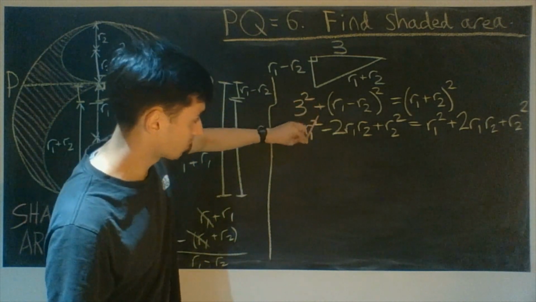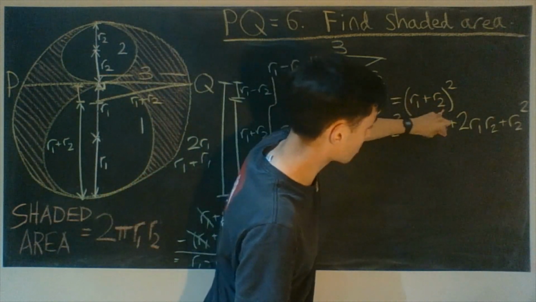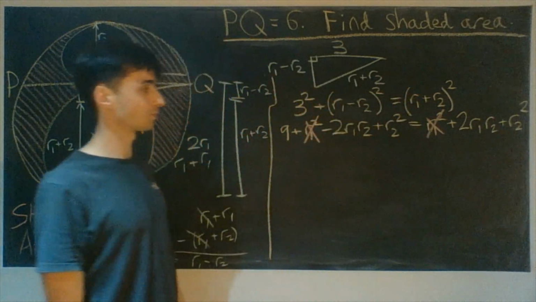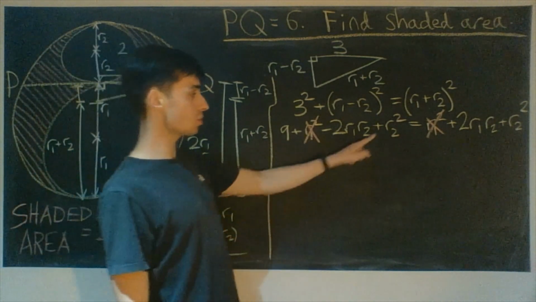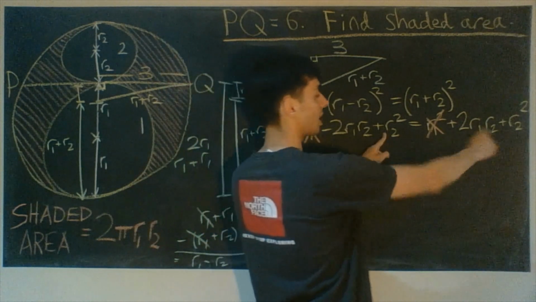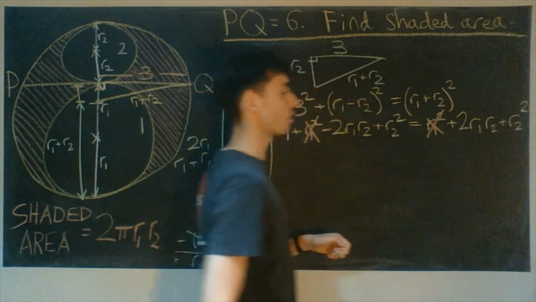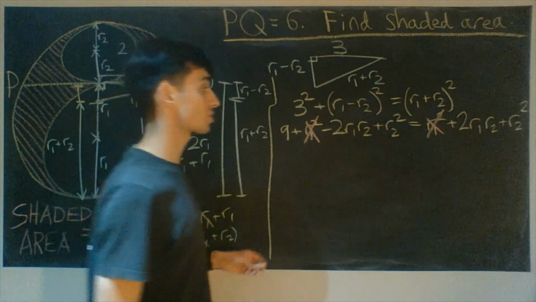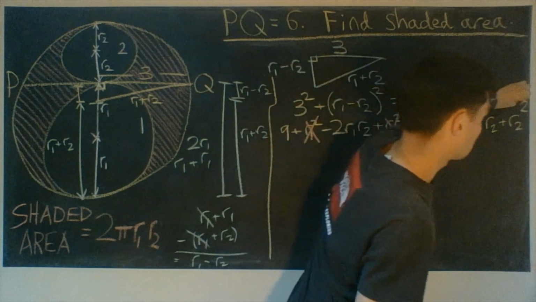So this one and this one are R1 squareds, they cancel out. We have a similar thing about to happen with the R2 squared, plus R2 squared on the left hand side of the equals, plus R2 squared on the right hand side of the equals. Let's cancel those out as well then. That can go, and that can go.